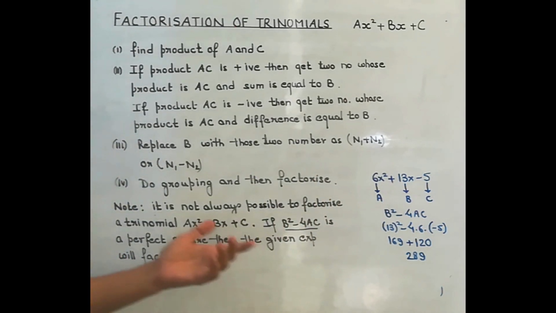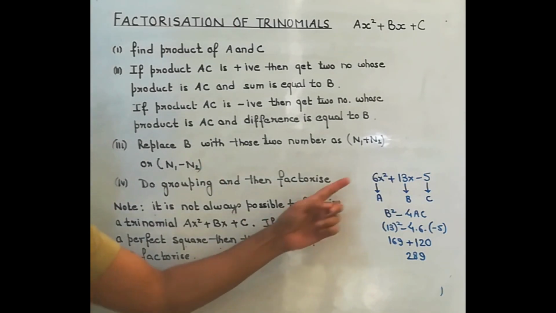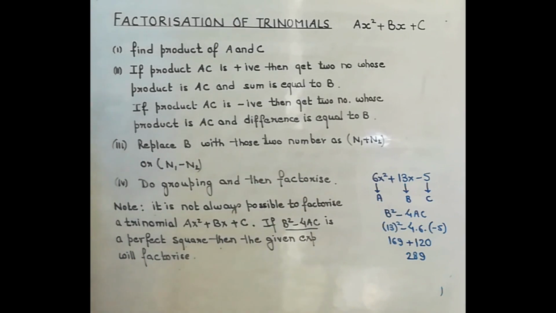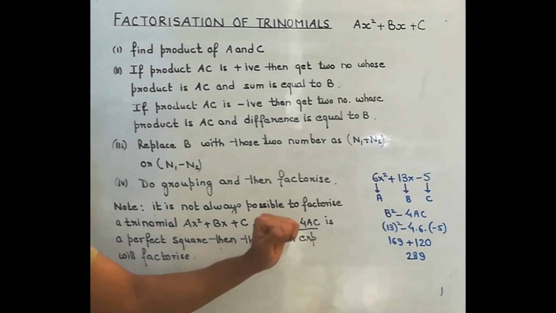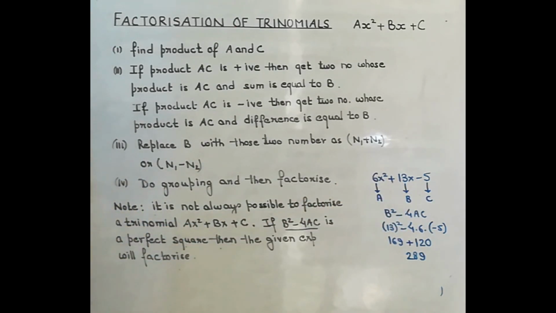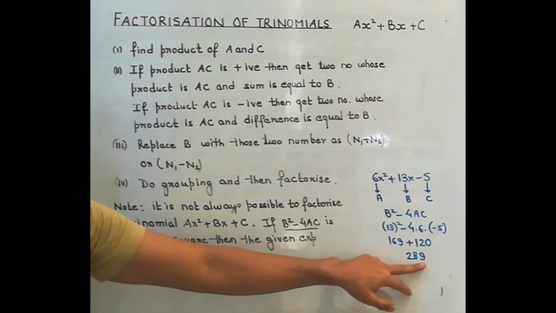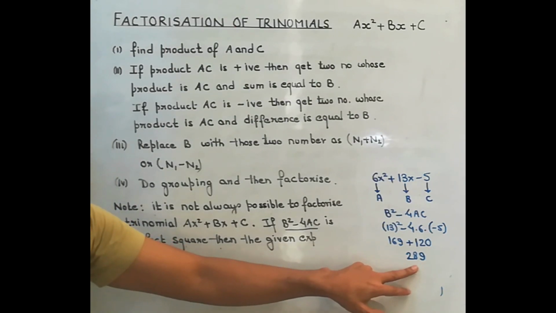So this is how we can find, without starting the question, whether the given trinomial can be factorized or not. For that, you will find A, B and C from the given expression, and then you will find this value B square minus 4AC. And if this value comes out to be a perfect square.